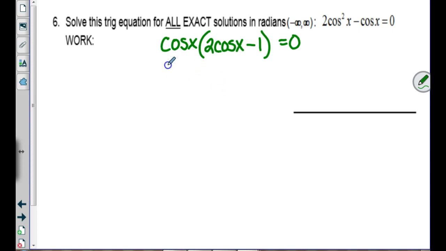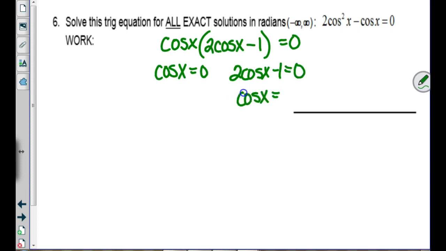All right, now take your turn being equal to 0. Either this is equal to 0 or this is equal to 0, which would make the cosine 1/2. We good? All right, and it says all, so I need to write plus or minus 2 pi n on the back, right? It does say in radians, not degrees.